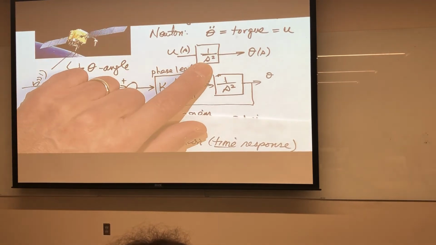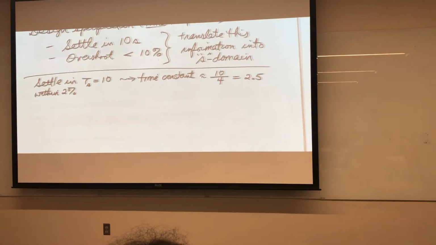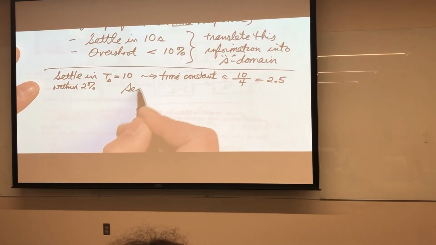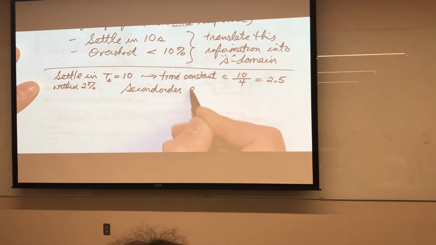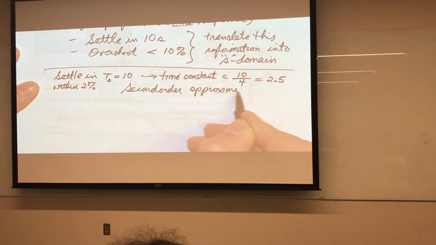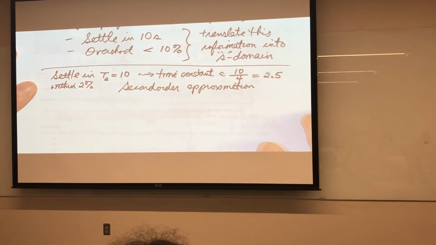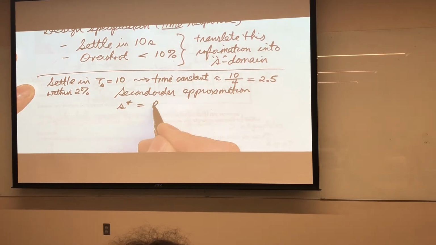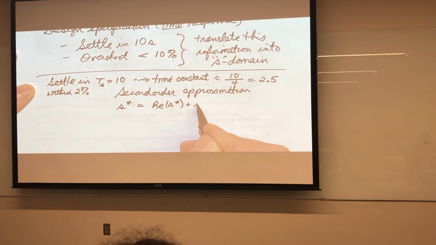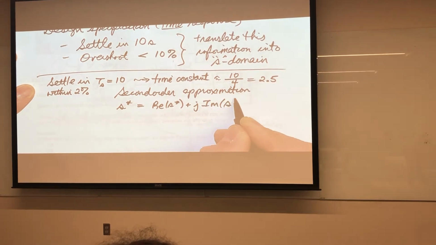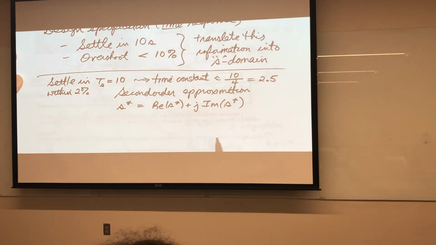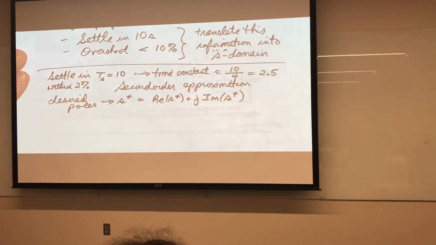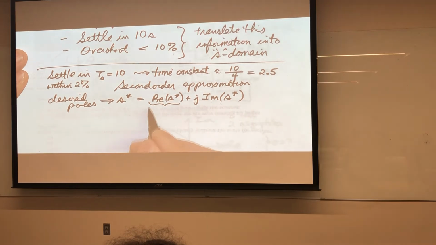The process looks like a second order, the overall system is third order, but for a second order approximation, we have that s star is equal to the real part of s star plus j times the imaginary part of s star. This is the desired closed loop poles. The desired poles we're going to call s star. And this real part here should be 1 over the time constant.